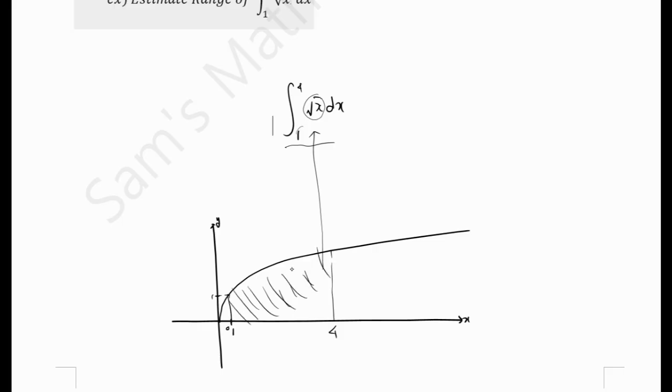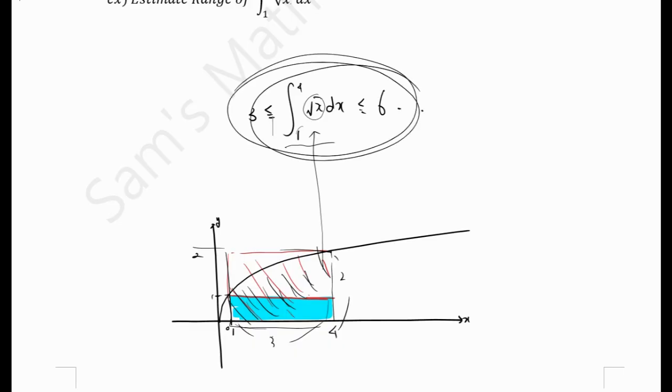This area is greater than this area, and less than this area. So this area is greater than 3 times 1, and the big rectangle is 3 multiplied by 2. So the range is from 3 to 6. This is the answer for this question.